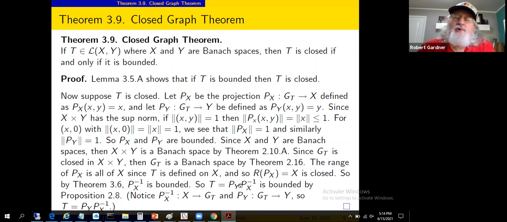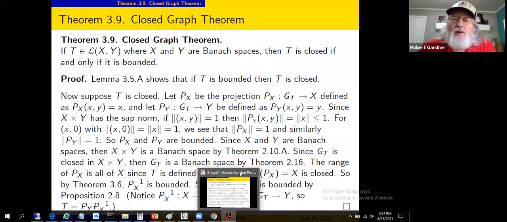I wouldn't mind putting a little circle in between them to be more explicit, but that's the meaning of what we have here. And when we were looking at the norm of a composition, it was Proposition 2.8 that told us the norm of the composition is less than or equal to the product of the norms of the constituent transformations.